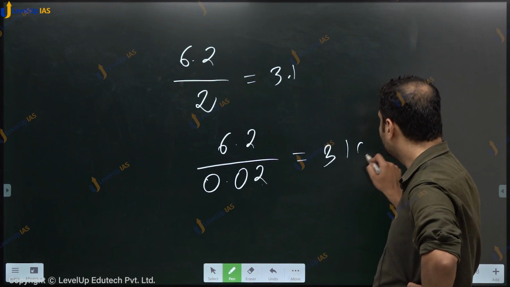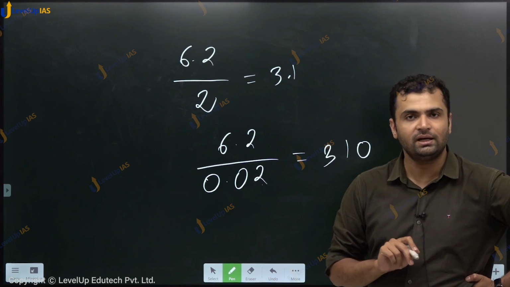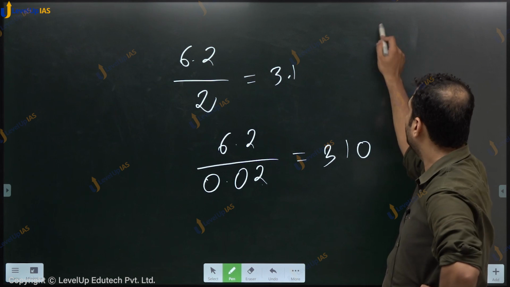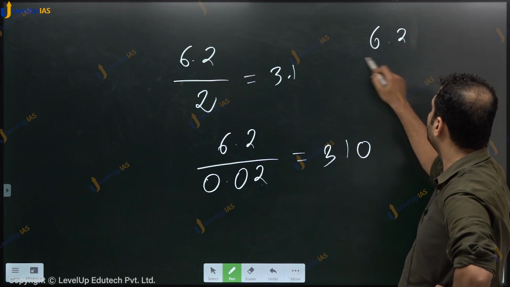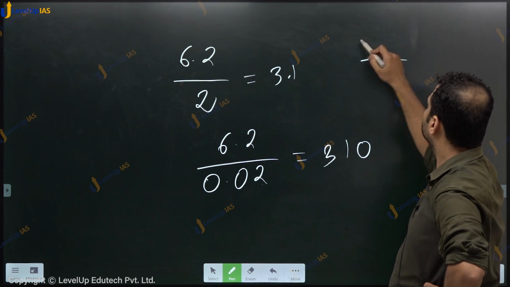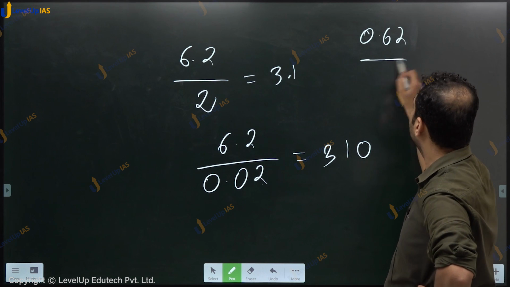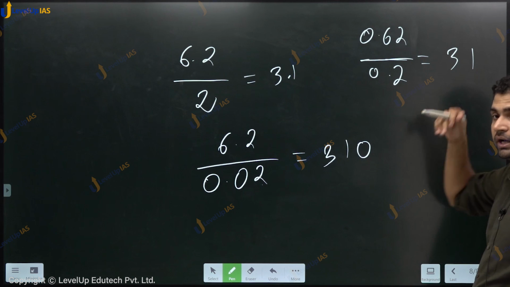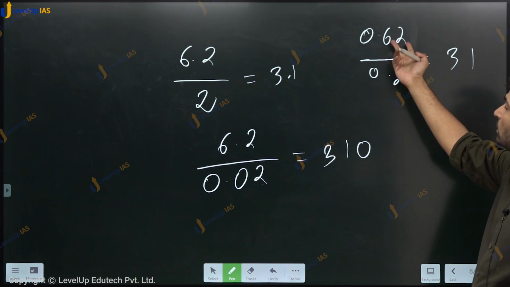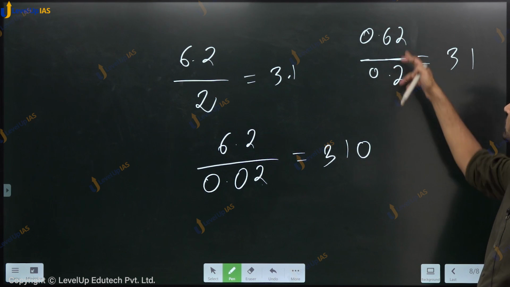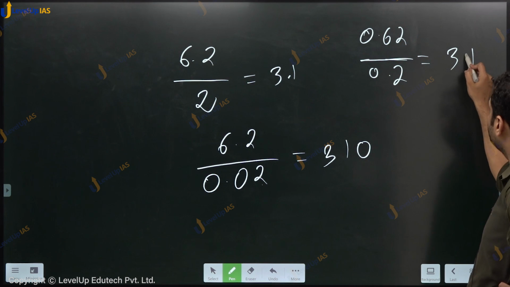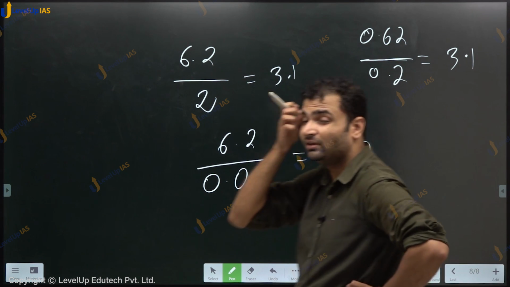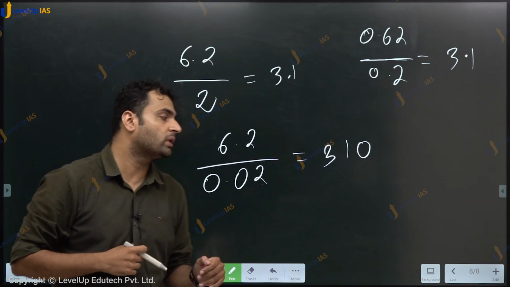So actually you put 1 zero rather than a decimal point. If I have 0.62 divided by 0.2, तो क्या करना है? Firstly forgetting the decimal point, and now 2 here, 1 here. So 1 minus 2 is minus 1, so you can put the decimal sign here. This is something you can do.